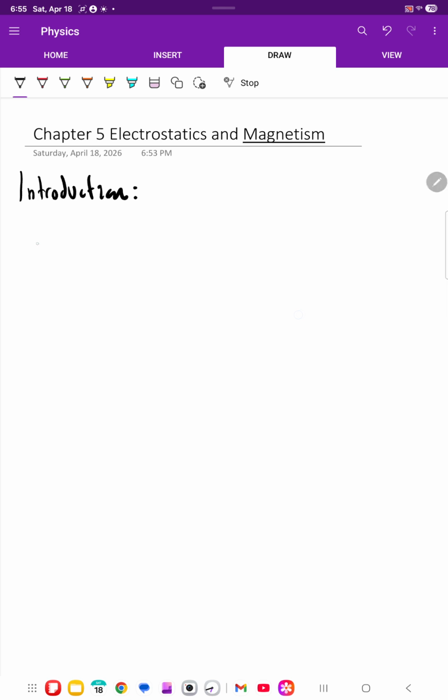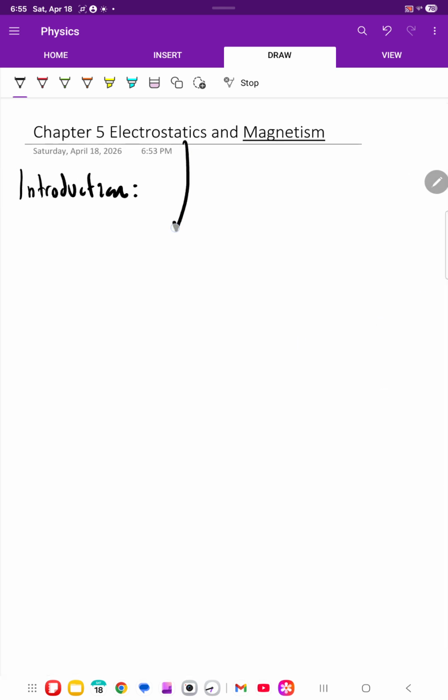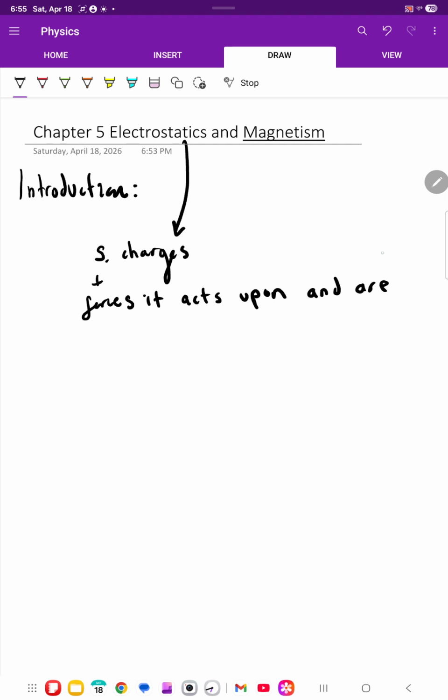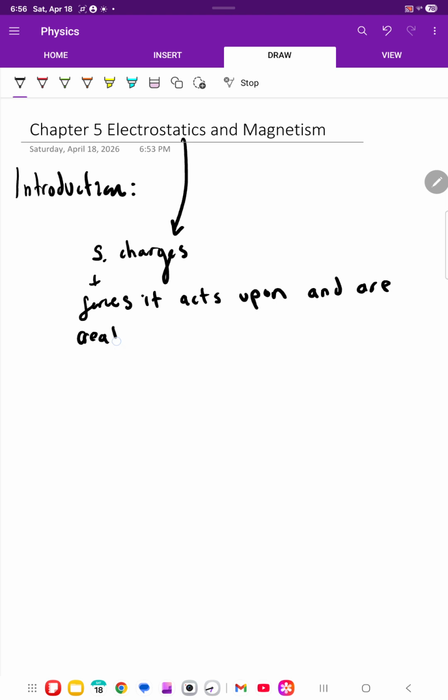So electrostatics is the study of stationary charges and the forces they act upon and are created by these charges. That is very important.